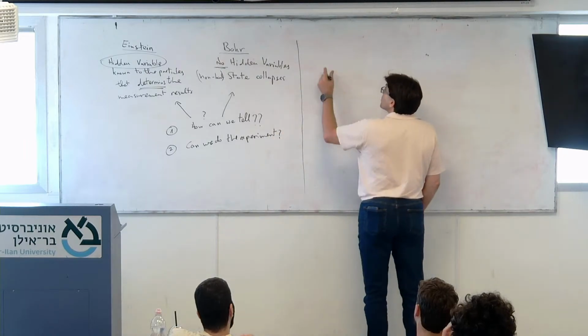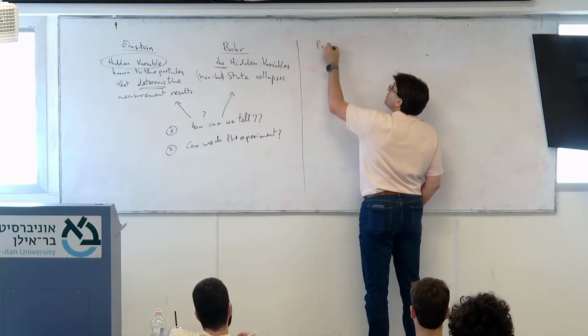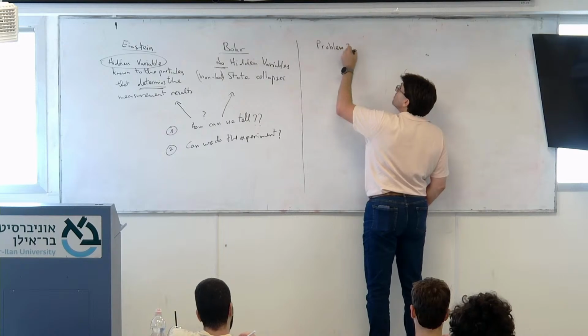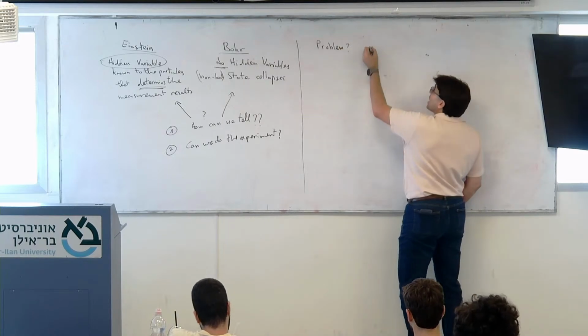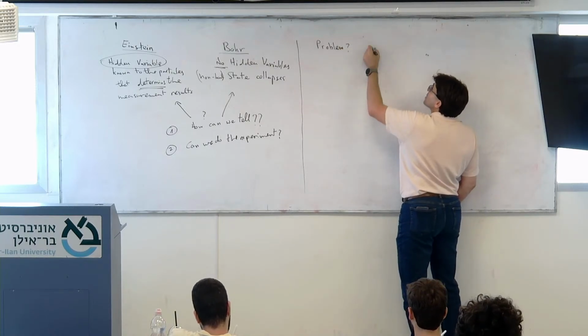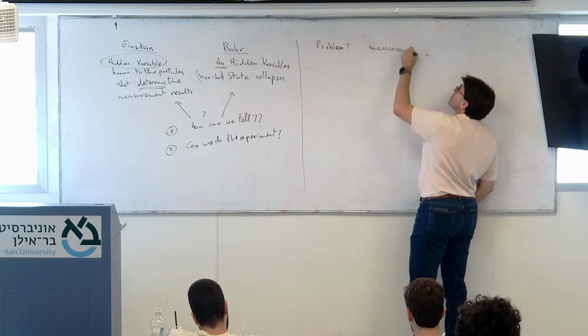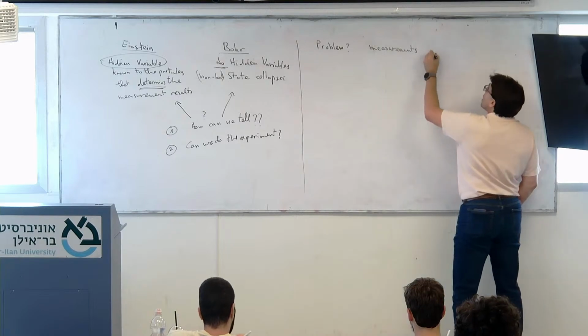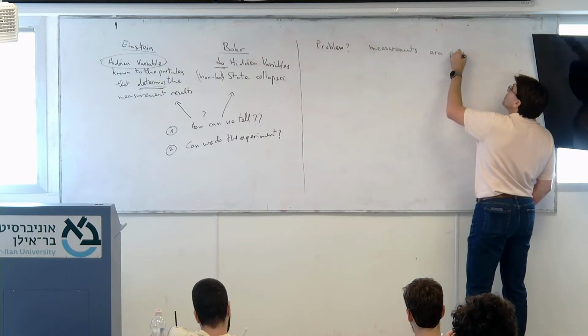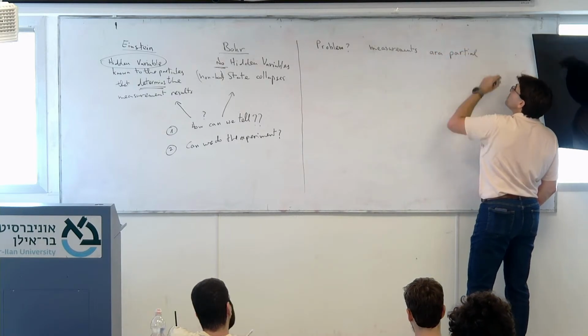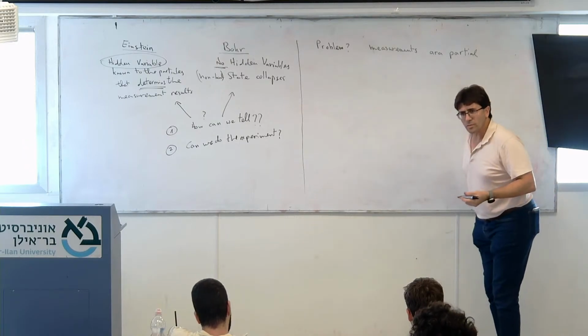Then the problem is that measurements are always partial. What do I mean?